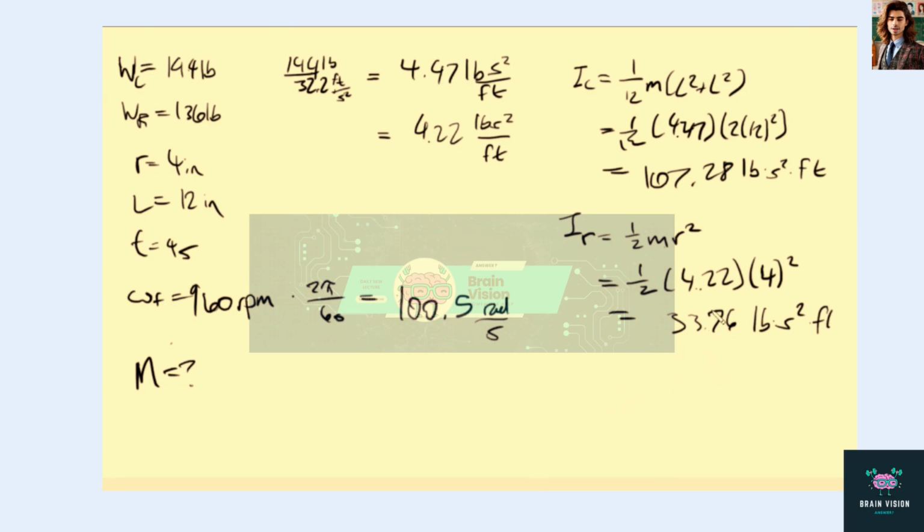Except I've made a mistake here because this is in inches. 4 inches is 1/3 of a foot, so this is 0.33. So let's get rid of these. Now 2 times 4.47 divided by 12 is 0.745 pounds times second squared times feet.